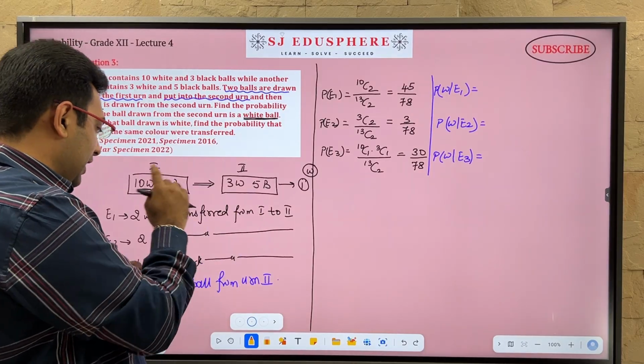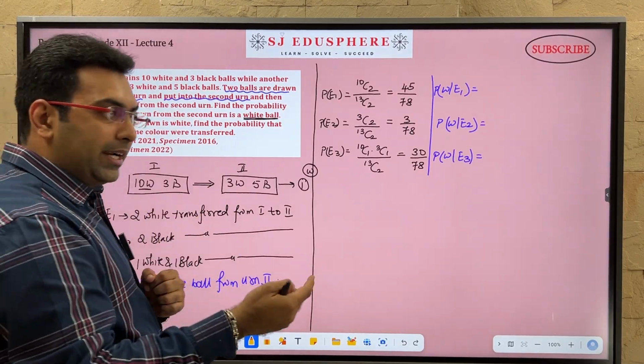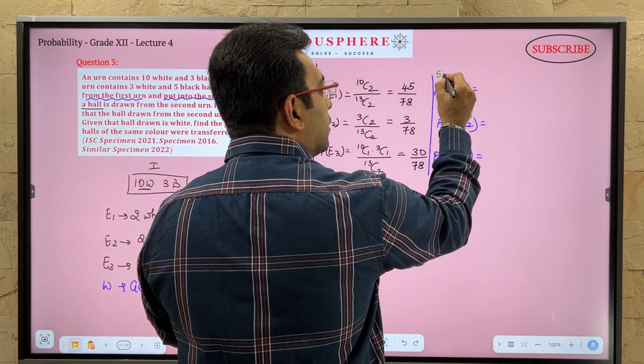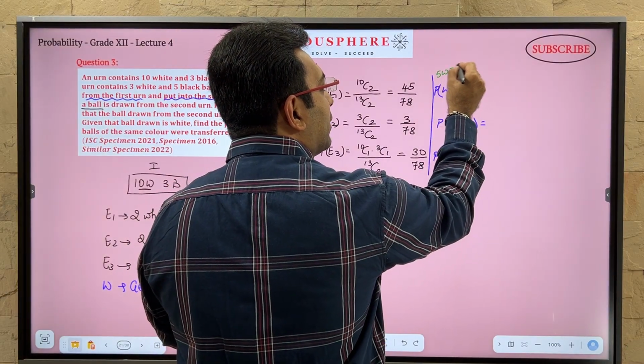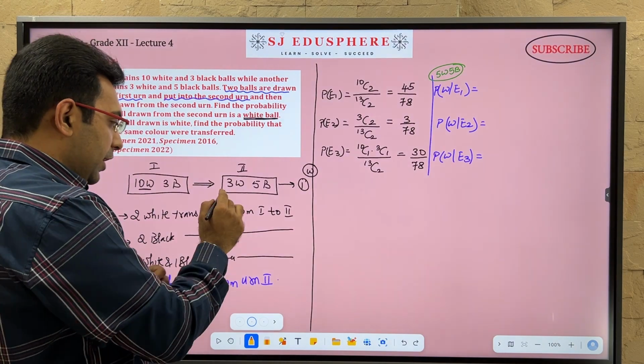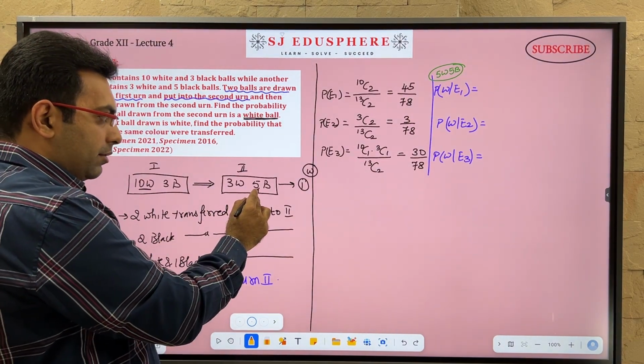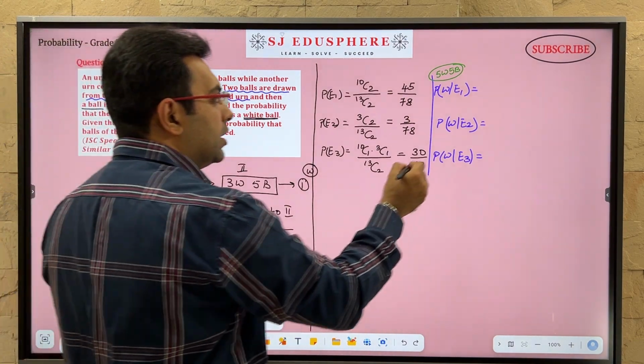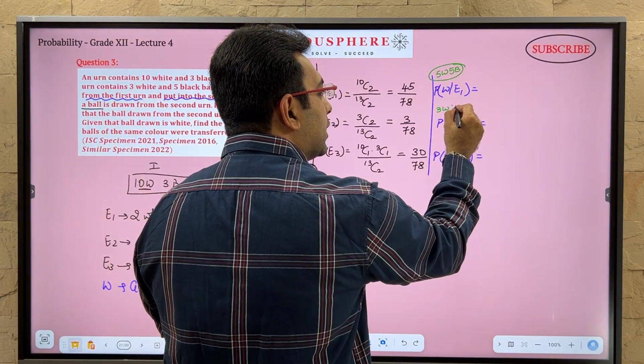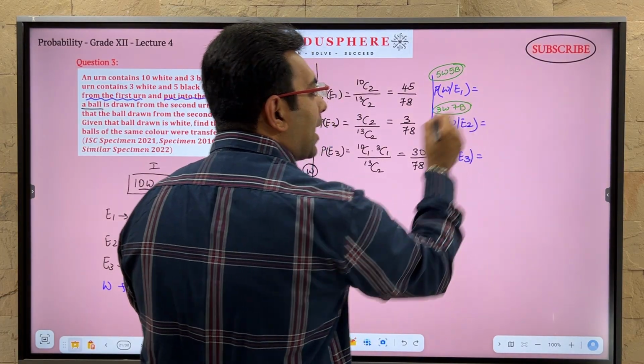Students, if you've transferred 2 white, this becomes 5 white, 5 black. If you would have transferred 2 black, which is E2, this will become 3 white and 7 black.